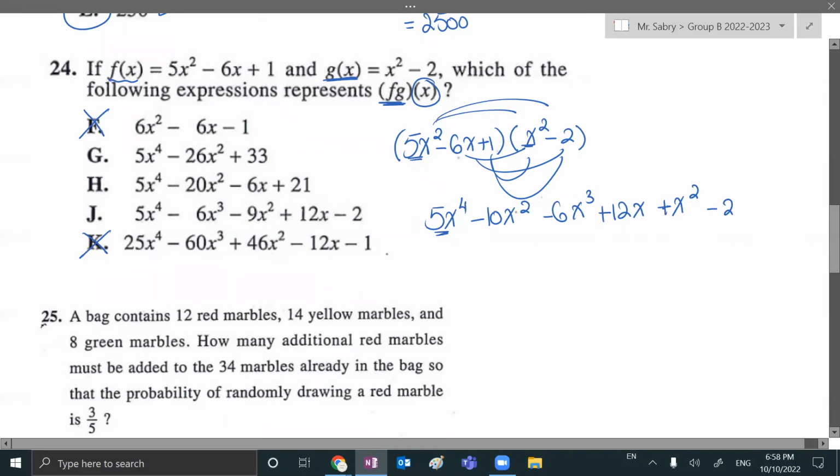Something doesn't add up. Did I miss something? So anyway, let's continue. 5x to the power of 4, then negative 10x squared, and then positive x squared. That's negative 9x squared, and that's none of the options. Let me check it.